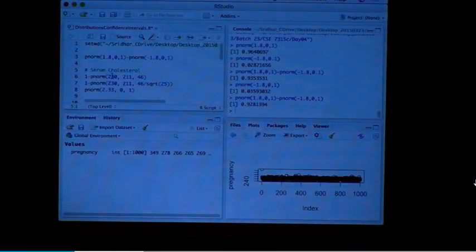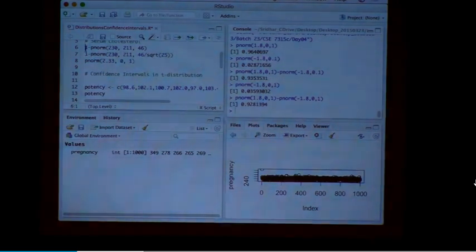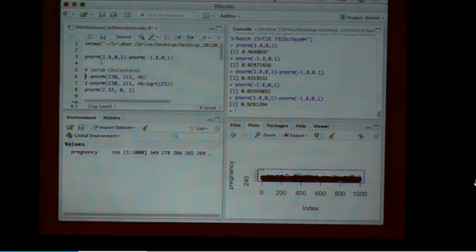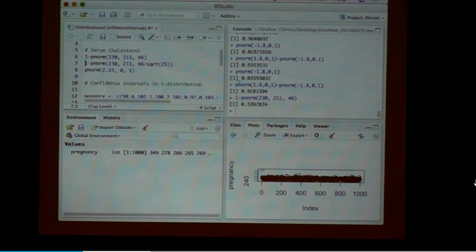So here, 1 minus the probability at 230. For the other one, the probability at 1.8 standard deviations, we got 92.8. And 1 minus that, the answer is 33.9, about 34%.